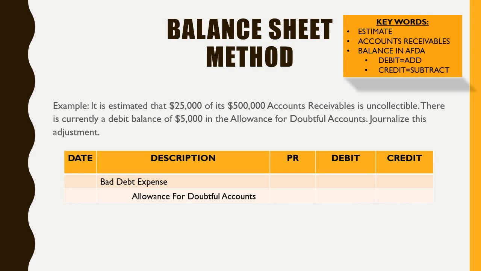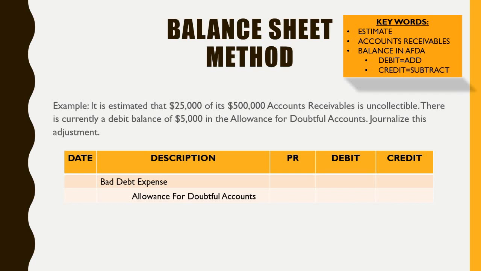So in this case, if you have a debit balance, meaning you're on the left side, you need to get to a total credit of $25,000, okay, because the allowance method is essentially, once again, the contra account to accounts receivable.